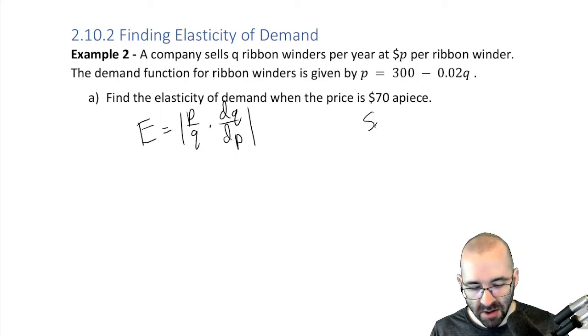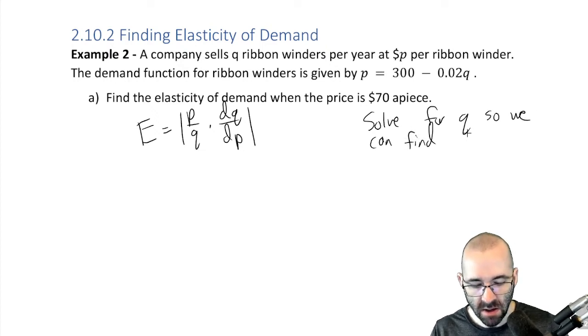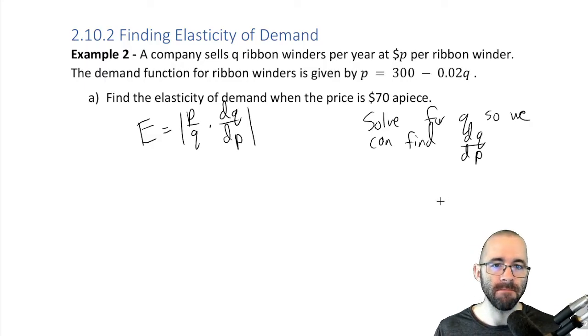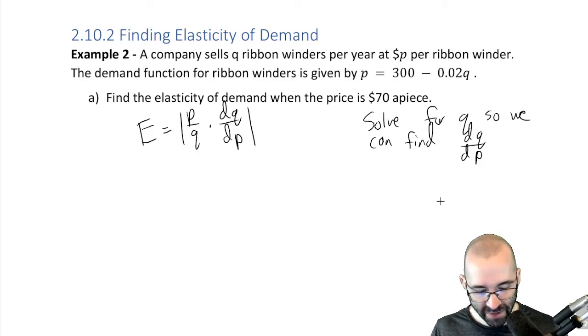So let's solve for Q, so we can find dQ/dP. There are simpler ways of doing this, there's simpler steps, but they're more confusing processes. This is probably the most straightforward.